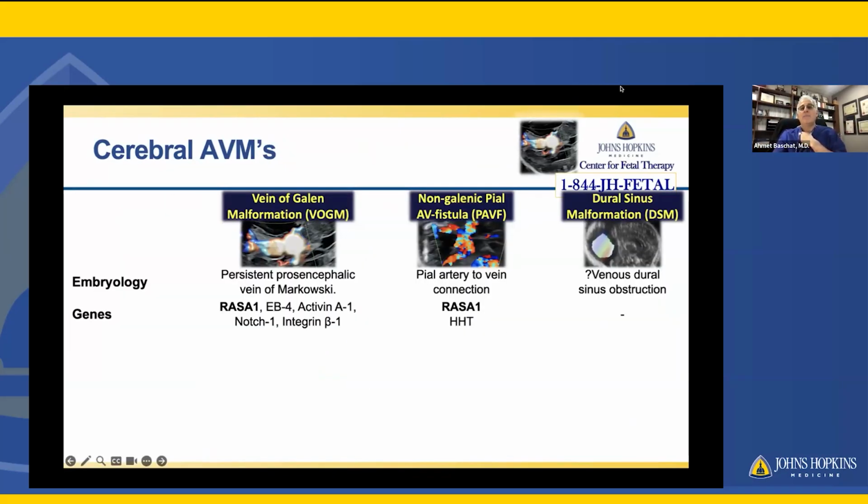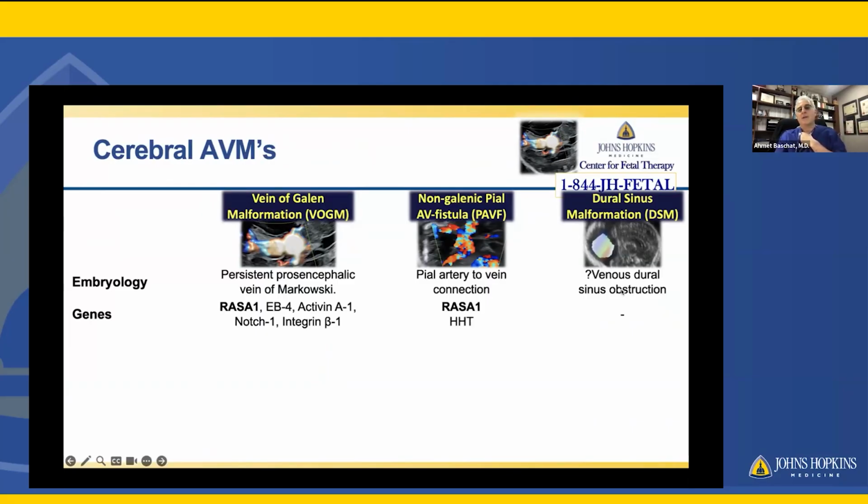The three main AVMs that we know are the vein of Galen malformation and, like I said, the pial AV fistula, and the dural sinus malformation. The embryology of the first two is really abnormalities in vascular development.